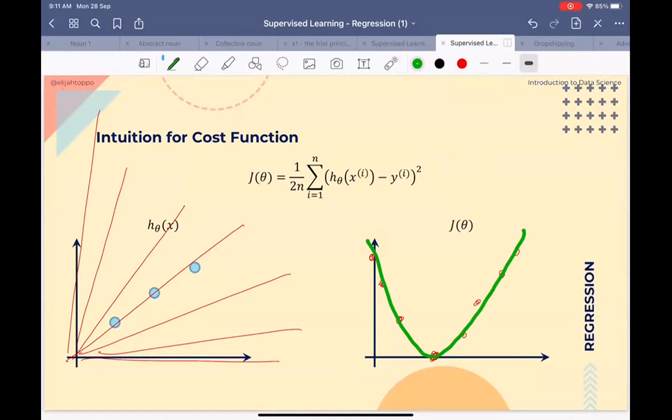And what this graph basically suggests is when I am at the right value of theta, the right estimate of the model, then we have the best model. When we have the best model, my error is 0. But whenever I go to lower or higher values of theta, which are not right, I end up with different lines. And these lines are not good models.